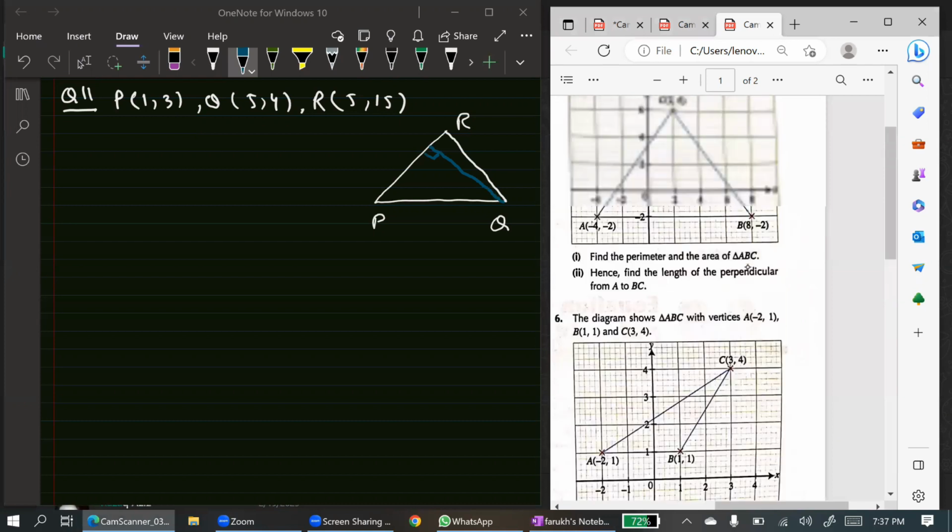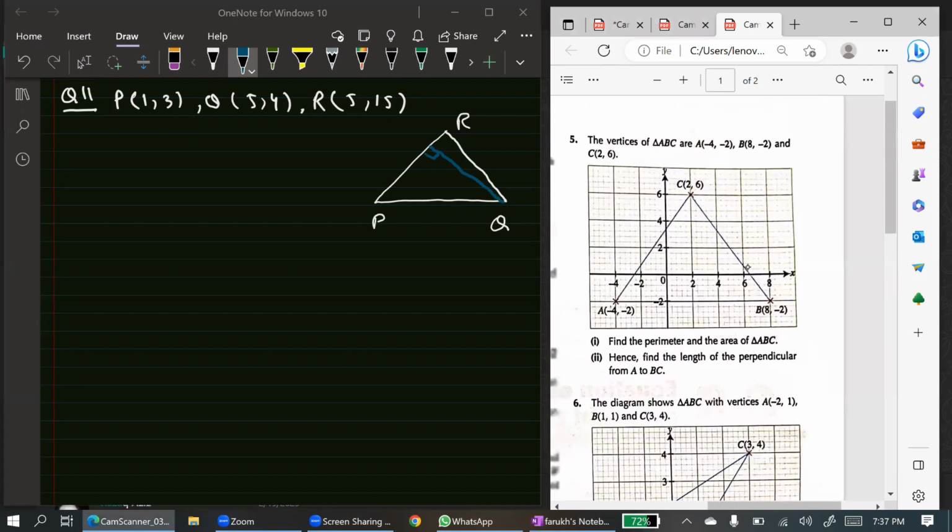Now, look at question number 5. Part number 1 is find the perimeter and the area of the triangle ABC. We can find out the area of the triangle ABC with the shoelace formula because all the coordinates are given. Hence, part number 2, find the length of the perpendicular from A to BC.